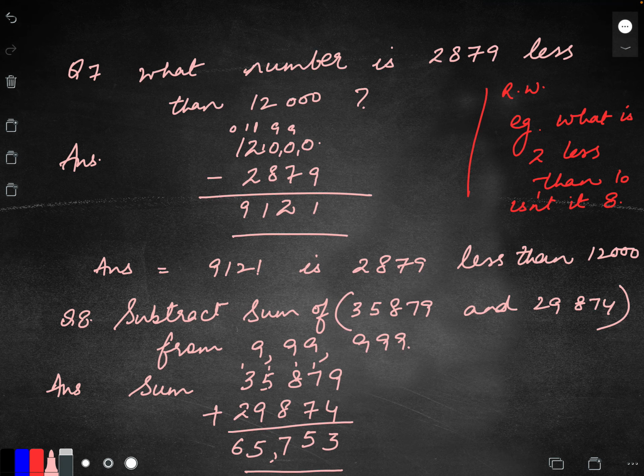You get 65,753. Now again read the question. Subtract 65,753 because the answer to the sum of given two numbers is 65,753 from 9 lakh. Now you have to find the difference.